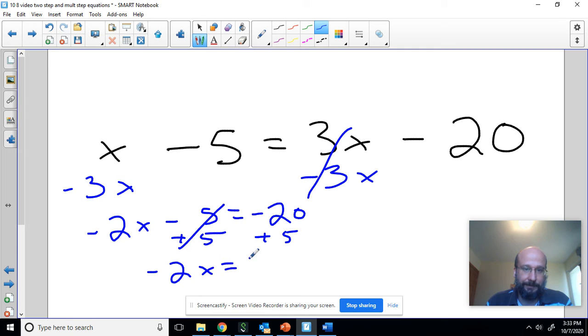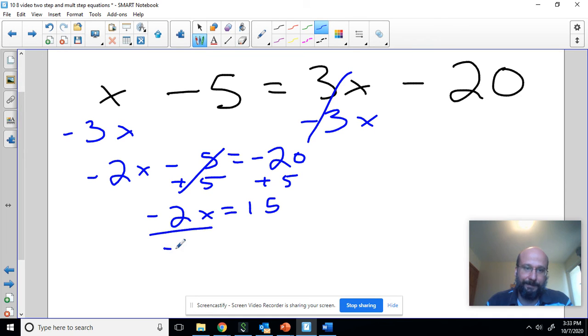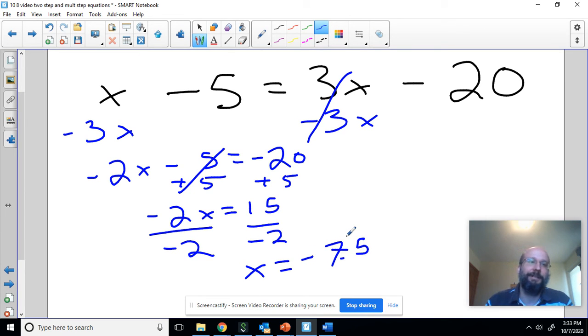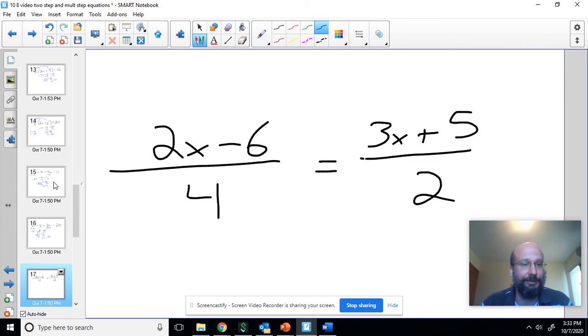Negative 2x equals 15. And then one step, divide by negative 2. X equals negative 7.5. I might be going a little faster, but again, we didn't really add anything too much.